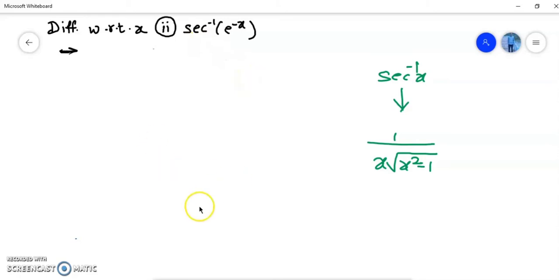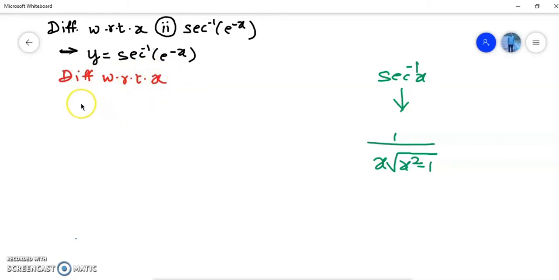So let us take first of all, as usual, the function as y. So y is equal to sec inverse of whatever function we have, e raised to minus x. Then we differentiate with respect to x, we get dy by dx is equal to, left side derivative dy by dx, right side derivative d by dx of sec inverse of e raised to minus x.